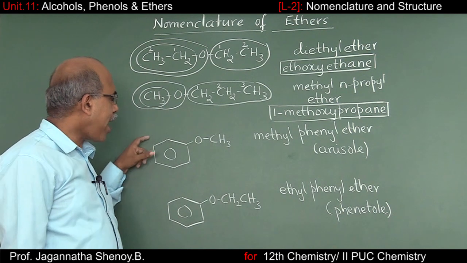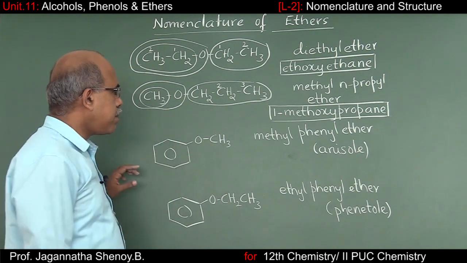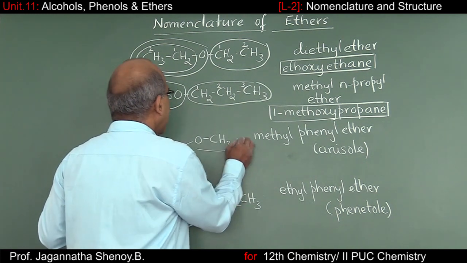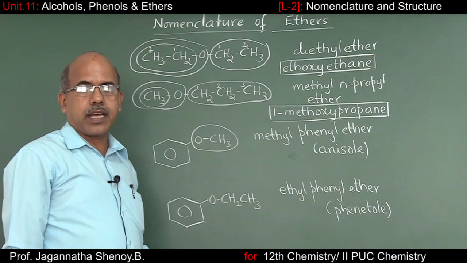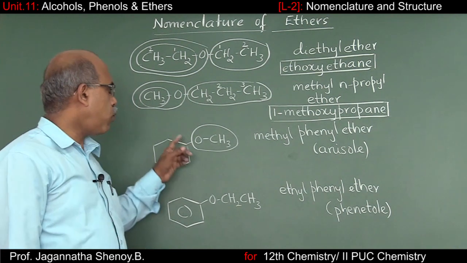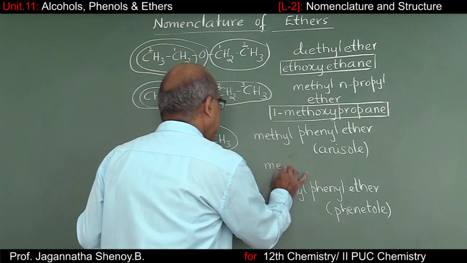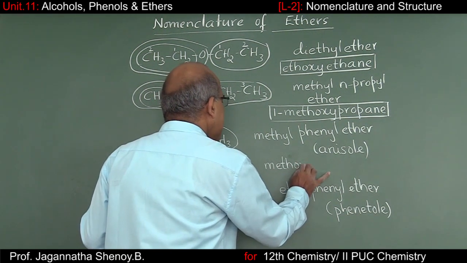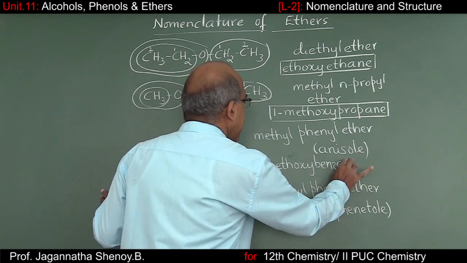That's why the parent hydrocarbon is benzene. So once benzene is the parent hydrocarbon, you know that the OCH3 group should be treated as a substituent. It is a methoxy group. So what should be the IUPAC name of this compound? It has to be methoxybenzene.